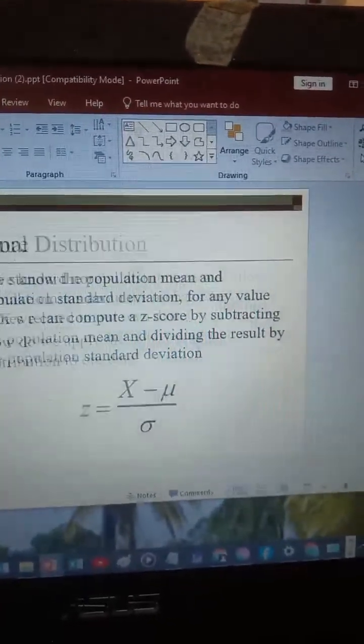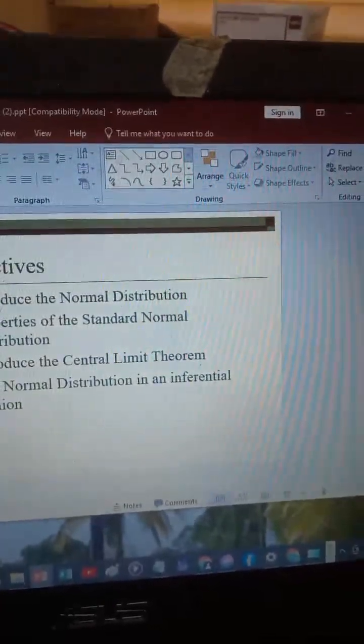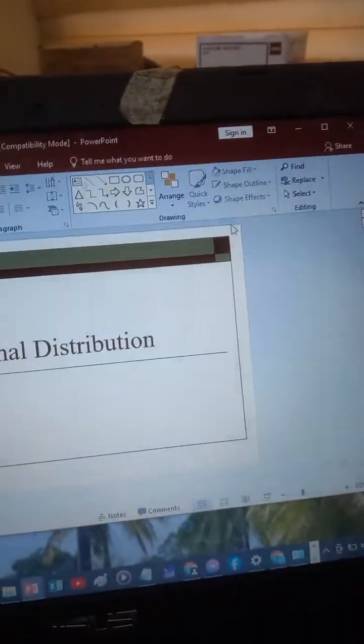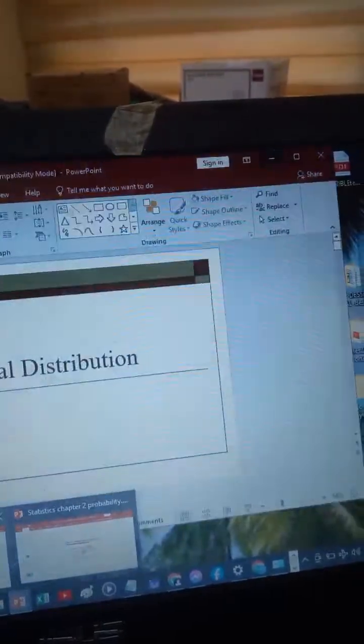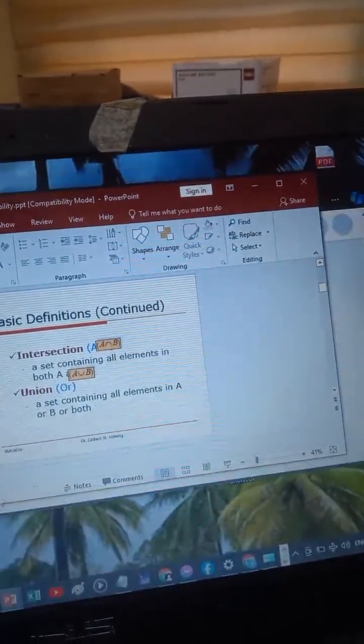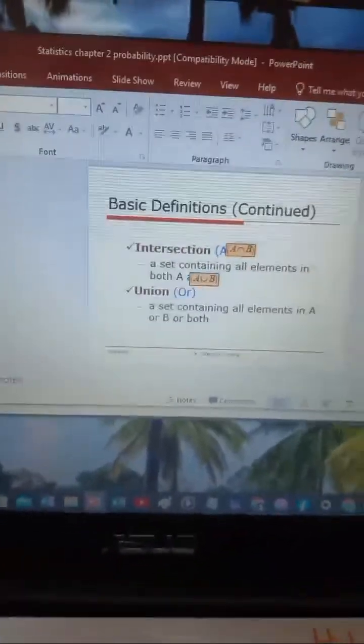Instead of just going through the normal distribution as we have discussed in the past, we'll backtrack a little bit on probability, but we can just start with normal distribution.